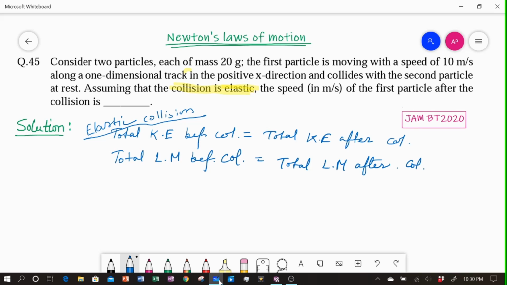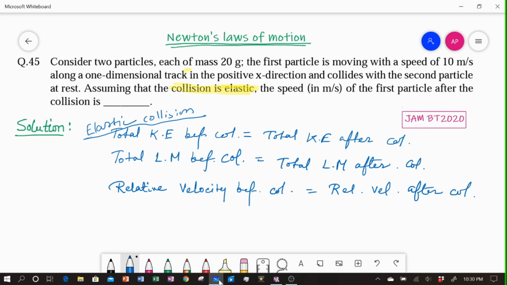Okay, again for elastic collision we know that the relative velocity before collision is equal to relative velocity after collision.